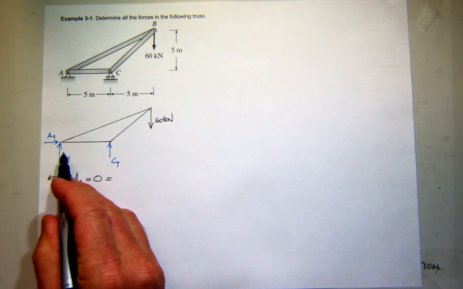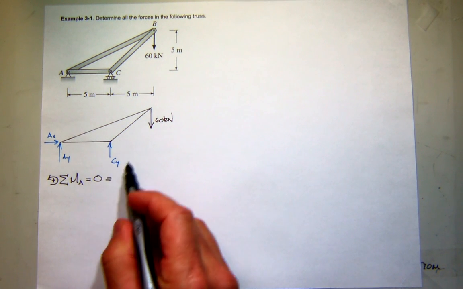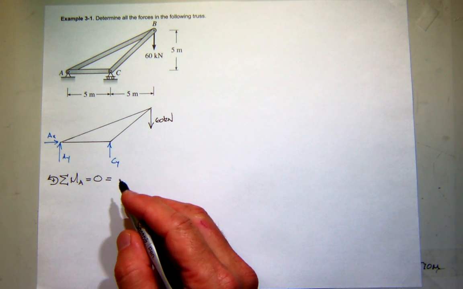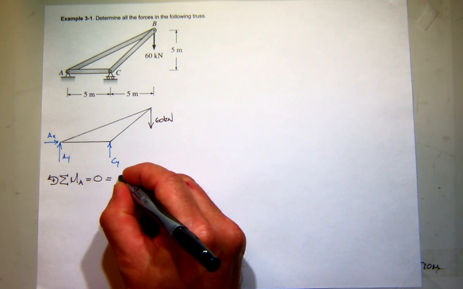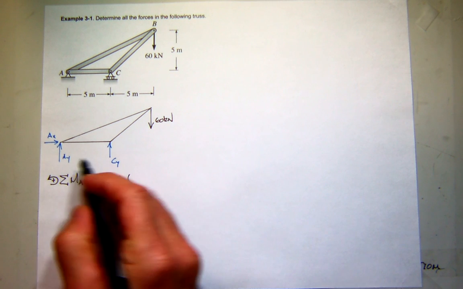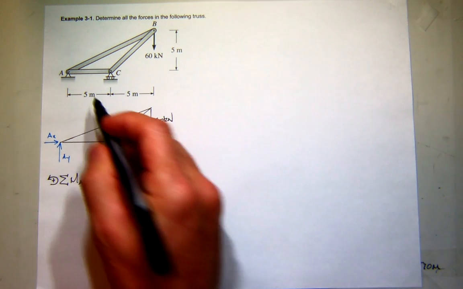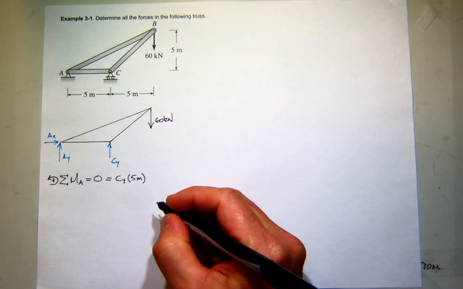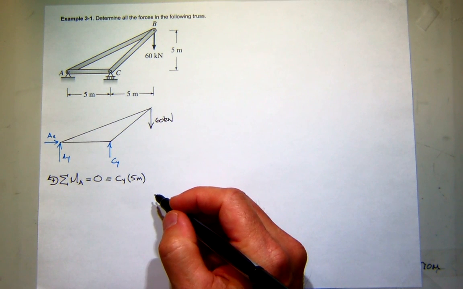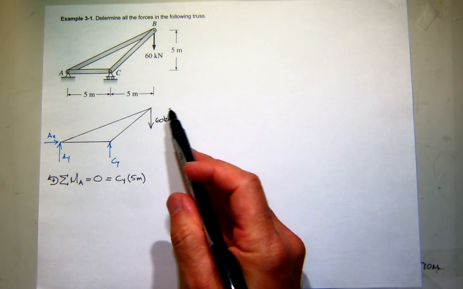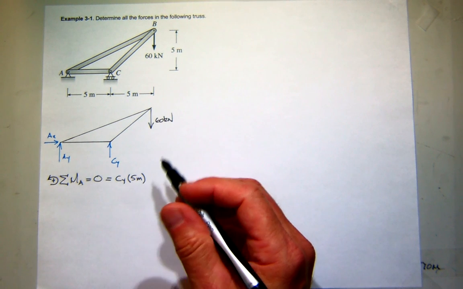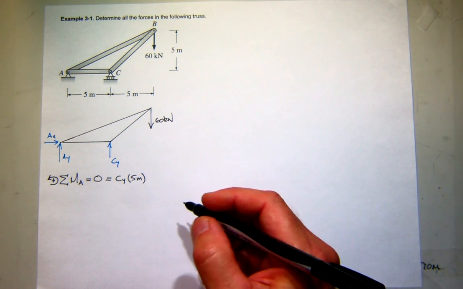Moving from right to left, the first thing I see is CY. What kind of moment is that about A? Positive or negative? Positive. So I'll say CY times its moment arm, which is this distance, which was given as 5 meters. Any questions about that? That's pretty straightforward. Now we go out here and look at our applied force, 60 kilonewtons. It's acting down. That's going to create positive or negative moment?